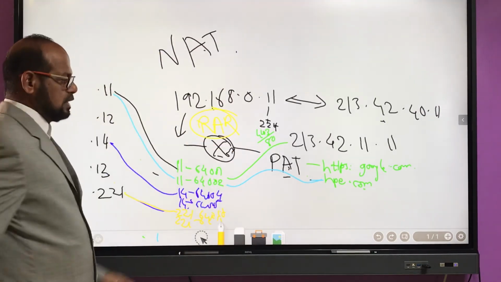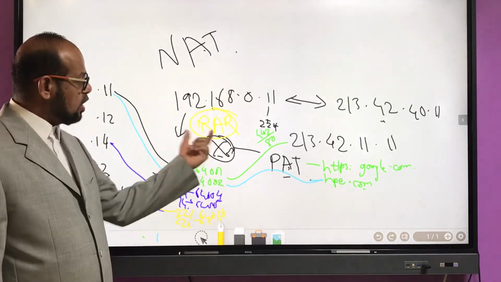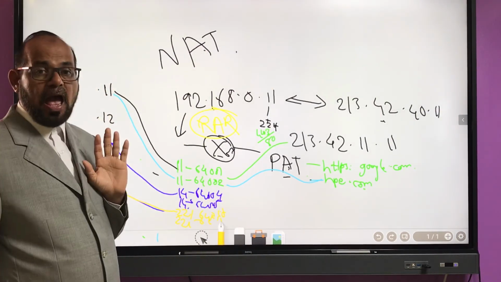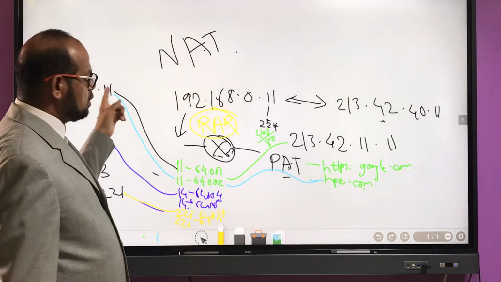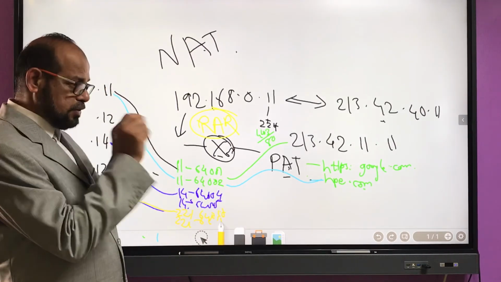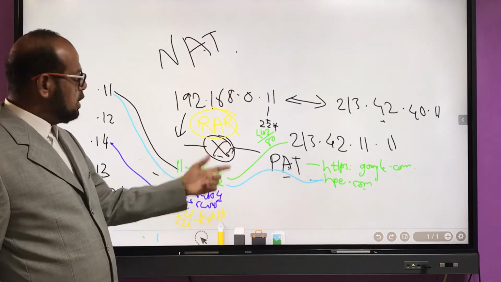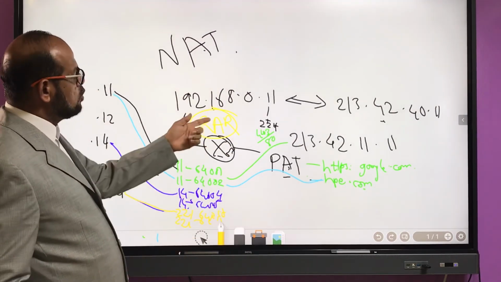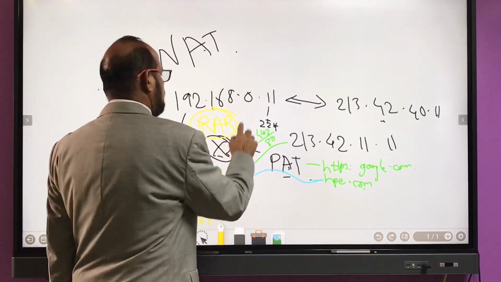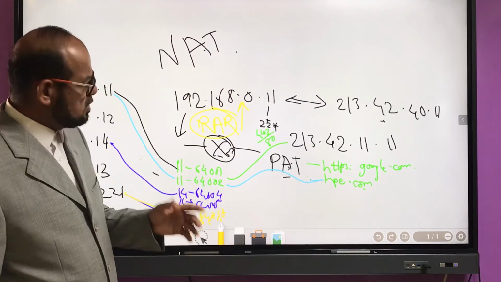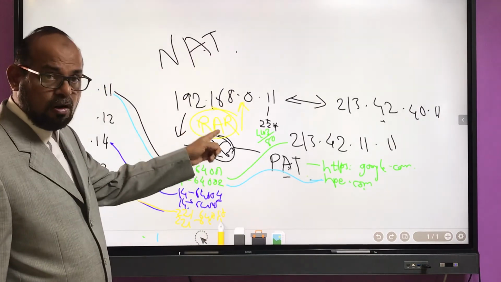If the router falls short of RAM, this will mess up and your traffic will hang, and you will not get the right response. You search in the browser, it hangs. Why? Because of the RAM. In that condition, you have to increase the RAM on the router. Where does the port address translation take place? Inside the RAM of the router.